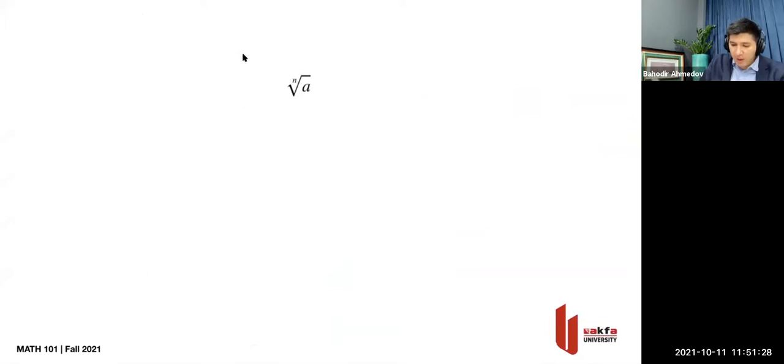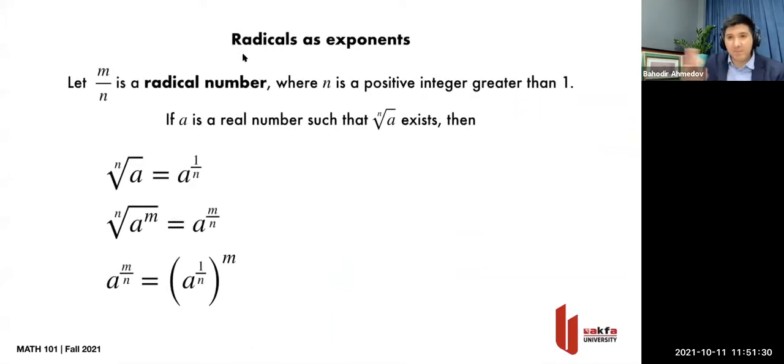I think we are approaching the most important part. Sorry, I will take a couple more minutes. I need to mention that radicals are very much connected with exponentials. First of all, they are kind of the inverse of the exponential. Secondly, I can express radicals as exponential numbers as well.